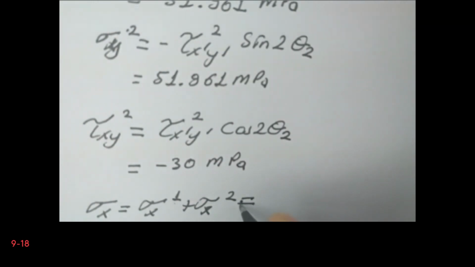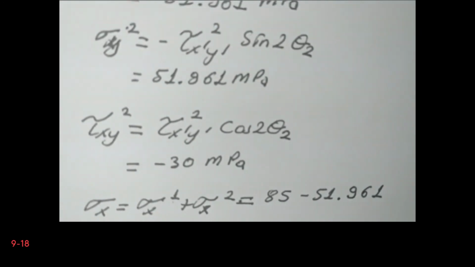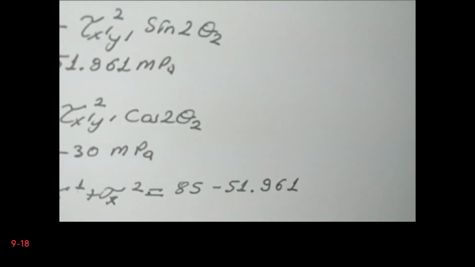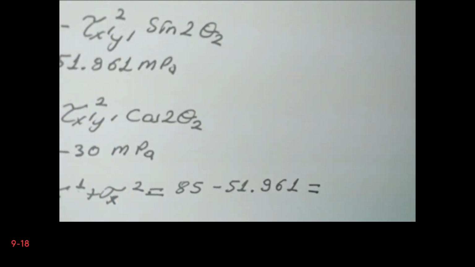Sigma x1 is 85, sigma x2 is minus 51.961, so the value is 33.038 megapascals.